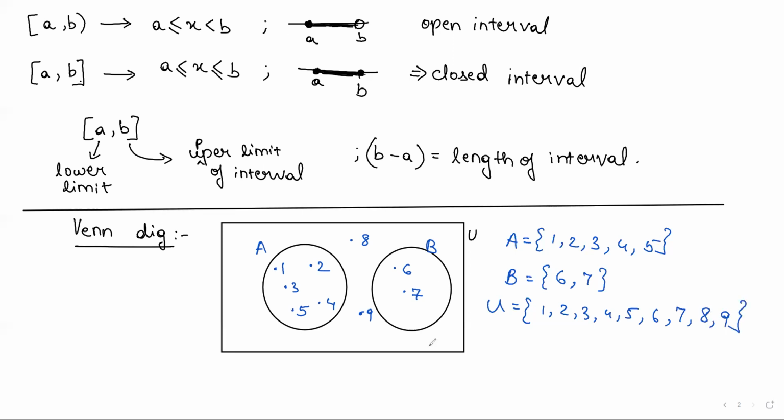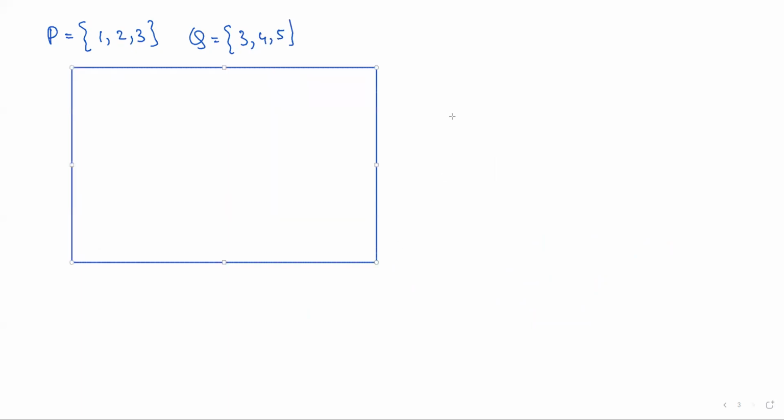Now, if certain values are given to you. P is a set which is given to you containing values 1, 2, 3, and Q is another set whose values are 3, 4, and 5. Then in a Venn diagram, you can represent it like this. I'm considering U to be the universal set.